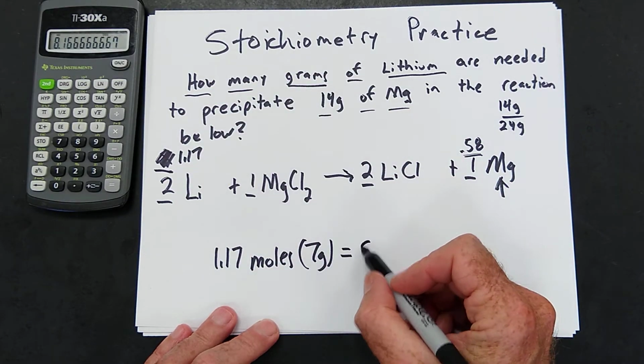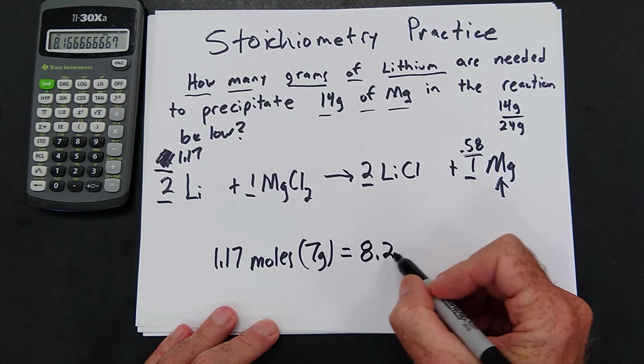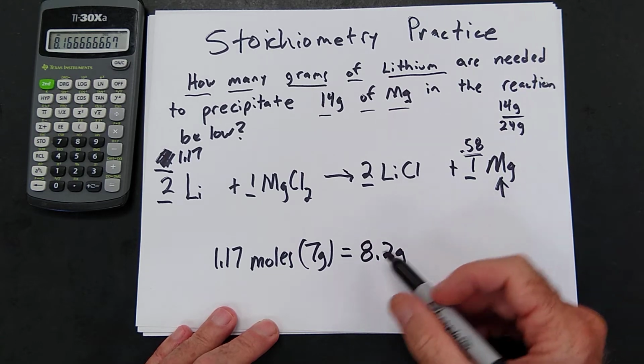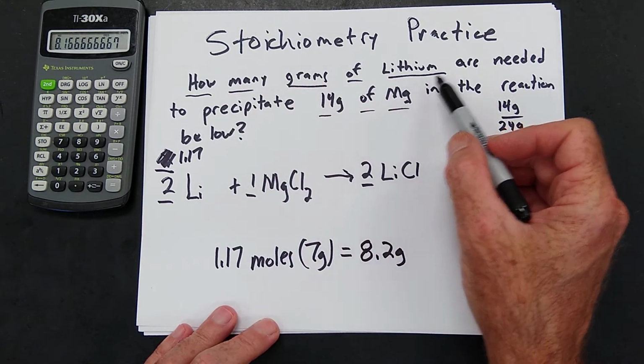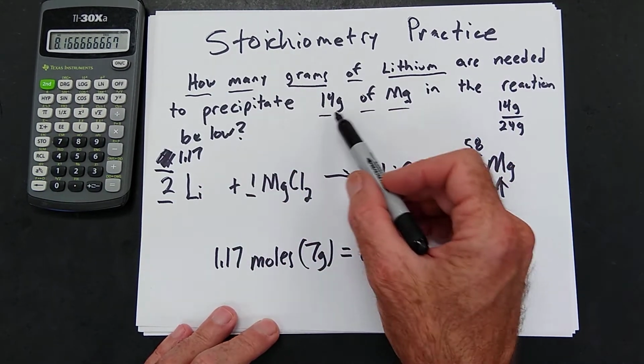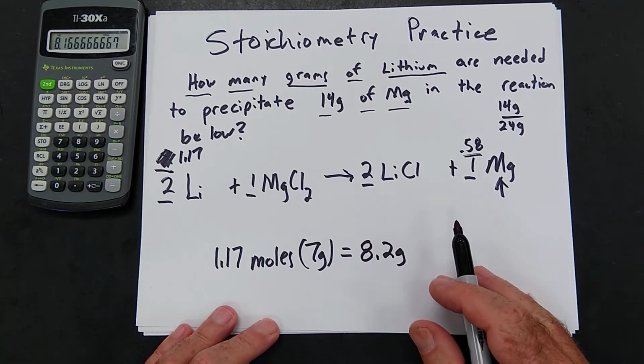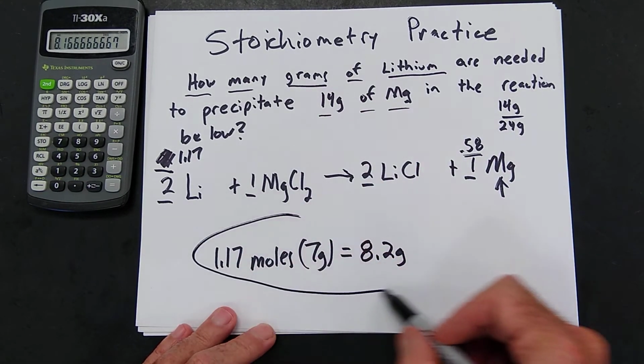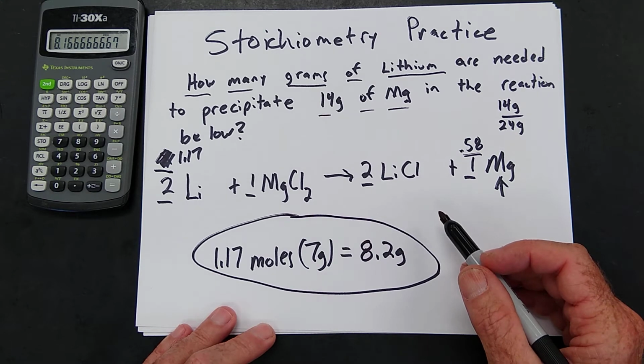That's 8.2 grams. 8.2 grams of lithium are needed to precipitate 14 grams of magnesium in the reaction. That, my friends, is how you do the problem.